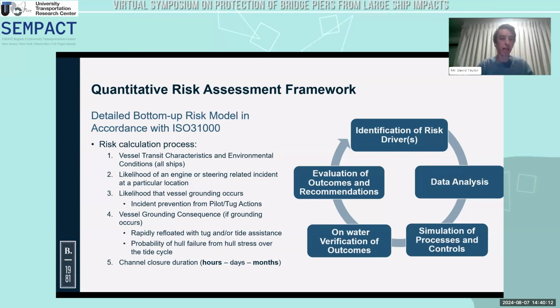The original calculation had a period of hours, days to months, but with that incident escalation of the hull failure, you really end up with it being dominated into two categories: the ship is either going to be refloated very rapidly with a combination of the tide and tug assistance, or it's going to result in closure of the channel for many months.